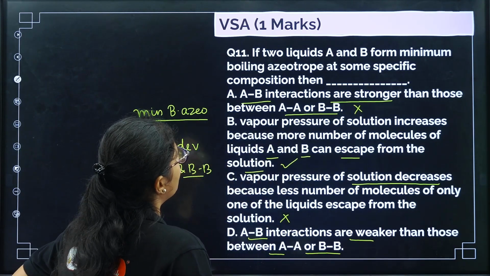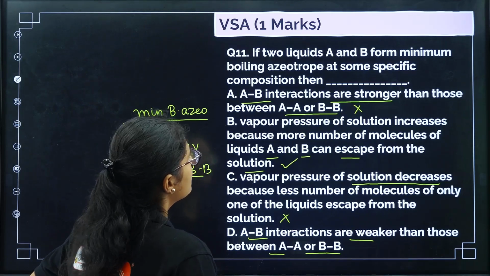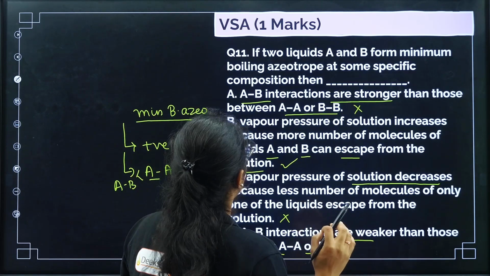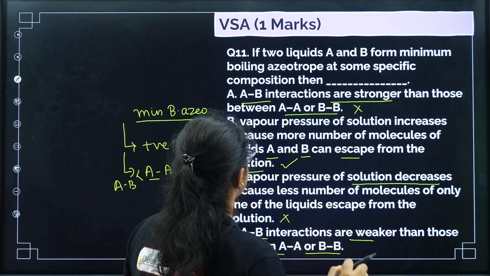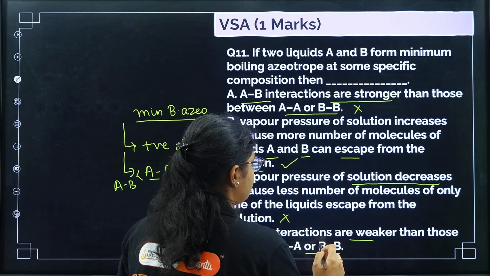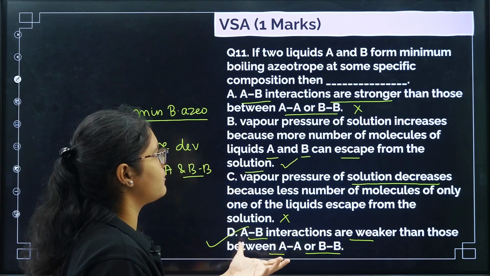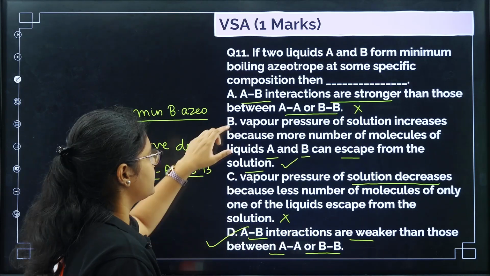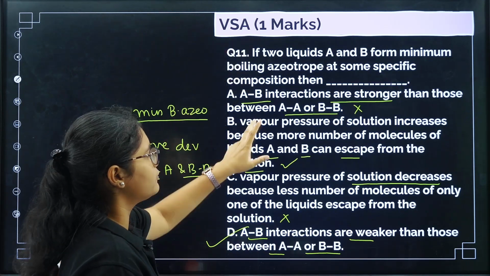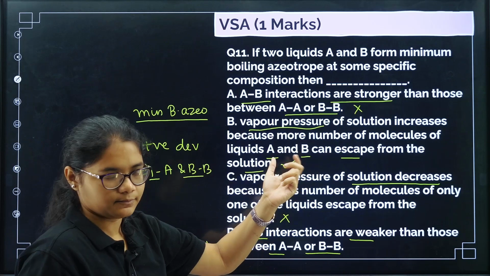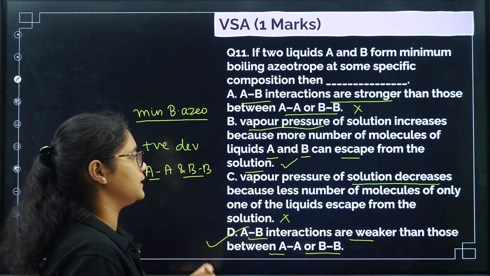So you need to tell, if two liquids A and B form a minimum boiling azeotope at some specific composition, then AB interactions are weaker than those between AA or BB. We need to talk about the interactions here. In minimum boiling azeotope we do not talk about the vapor pressure here. So the correct answer is option number D here.